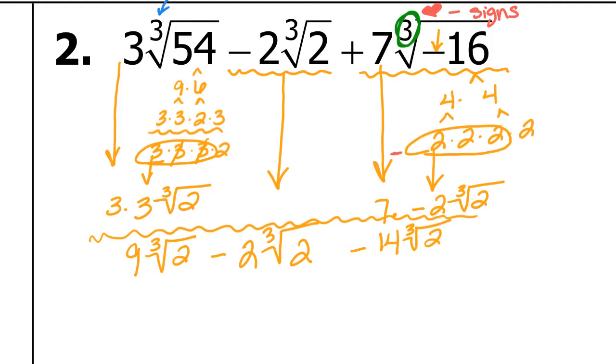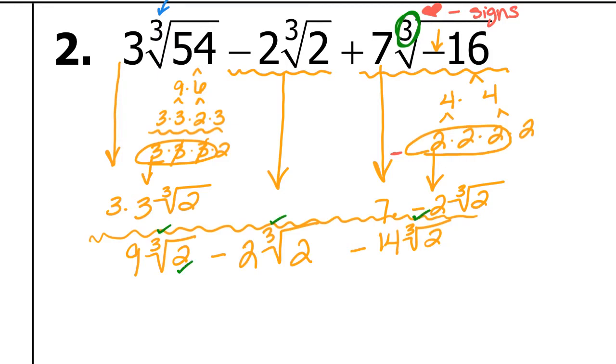So right now I have 9 cube roots of 2 minus 2 cube roots of 2 minus 14 cube roots of 2. So my second step is to identify the same index and radicands. All of these have an index of 3.